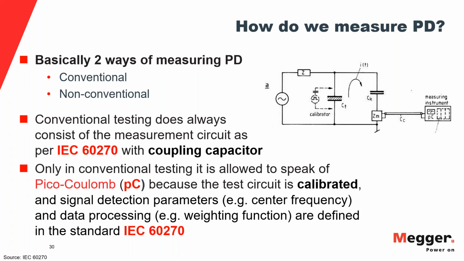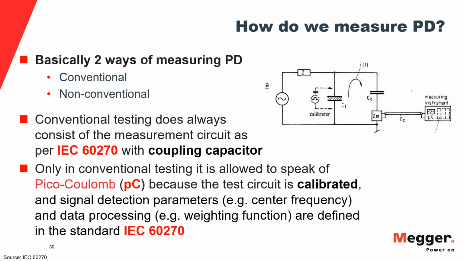Coupling capacitor, measurement impedance, and calibration of the test circuit with an IEC 60270 approved calibrator, a device that calibrates as per IEC 60270, which is related to bandwidth and everything. And the unit of measurement is picocoulomb. Now, this picocoulomb also is defined, okay?